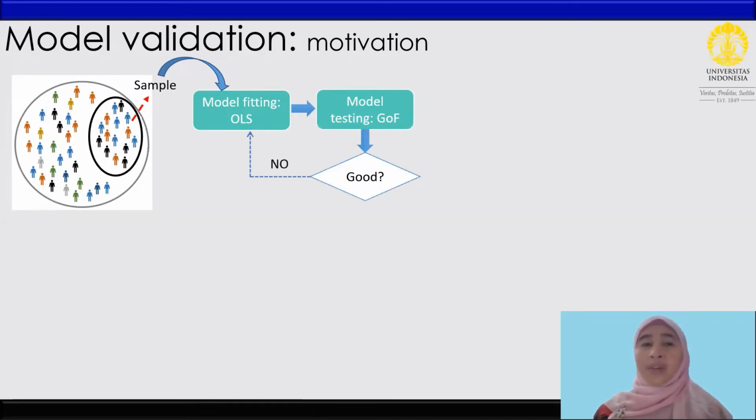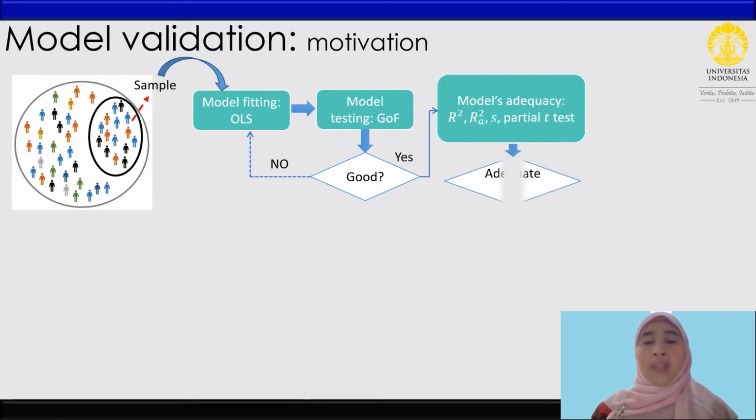If it is not good enough, we have to check our model and try to improve our model, whether the variables included in the model are strongly related with the response variable or not, or even if they are strongly related with the response variable, whether we are already putting in a correct functional form of the predictors or not in the model. So we need to refit our model.